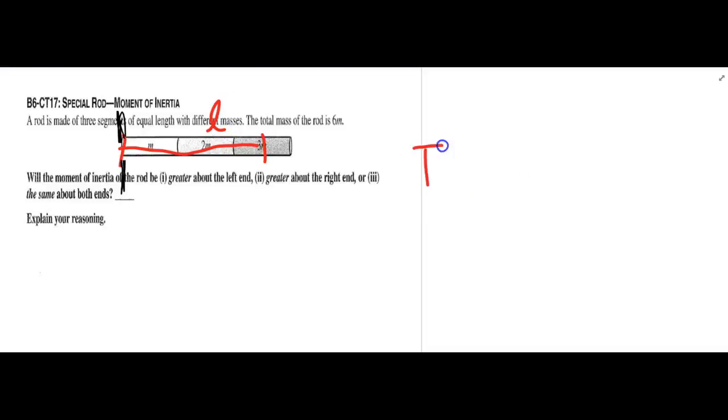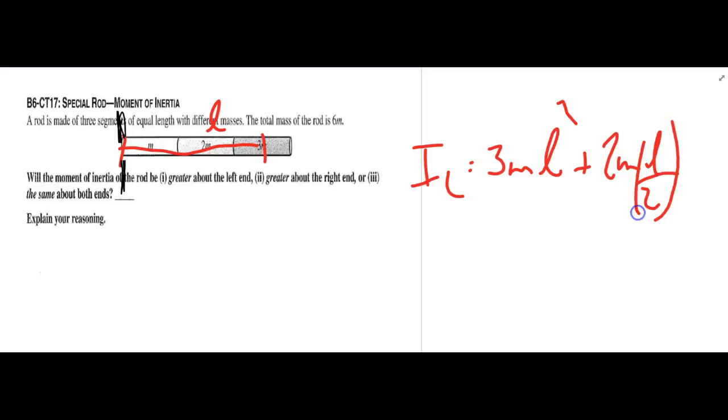So I about the left is the 3M times almost the whole length of the rod squared, plus I then have the 2M, that's about the length over 2 squared, plus the last one, this mass is pretty close, so when the mass is really close, if the length is close to 0, then that one's almost 0.